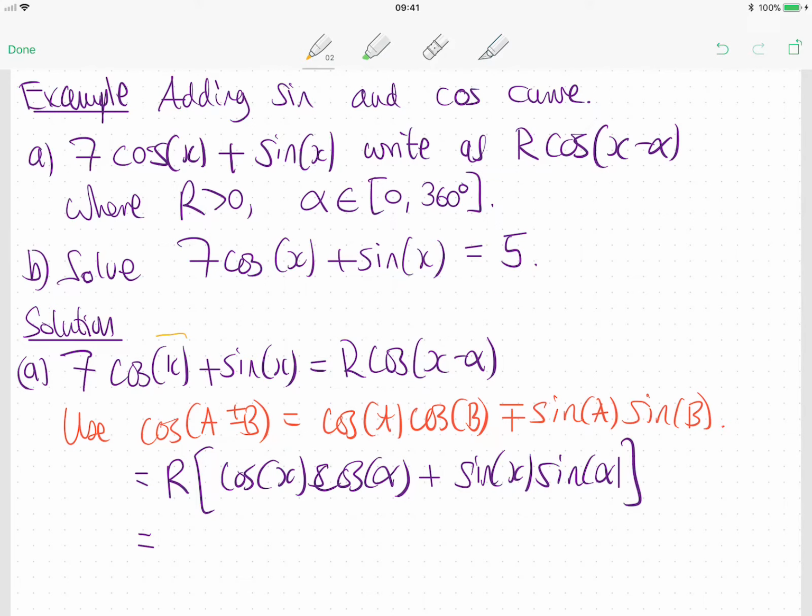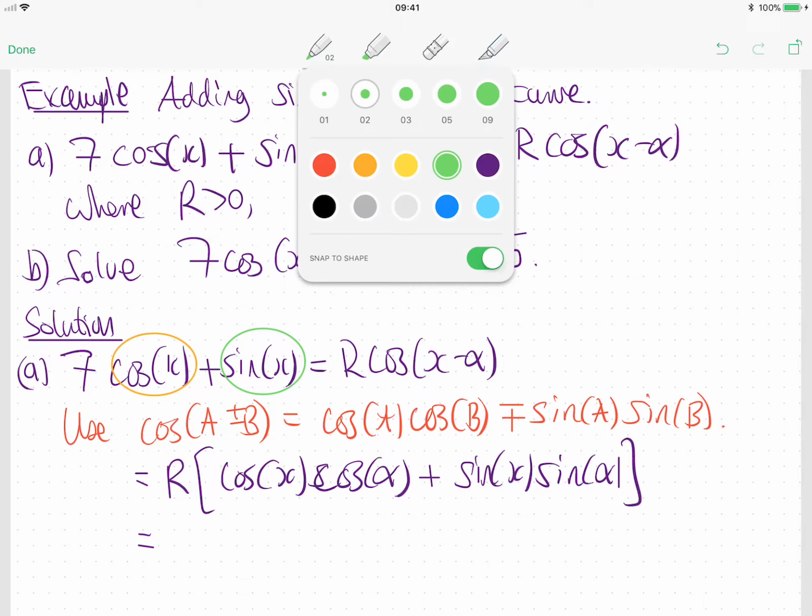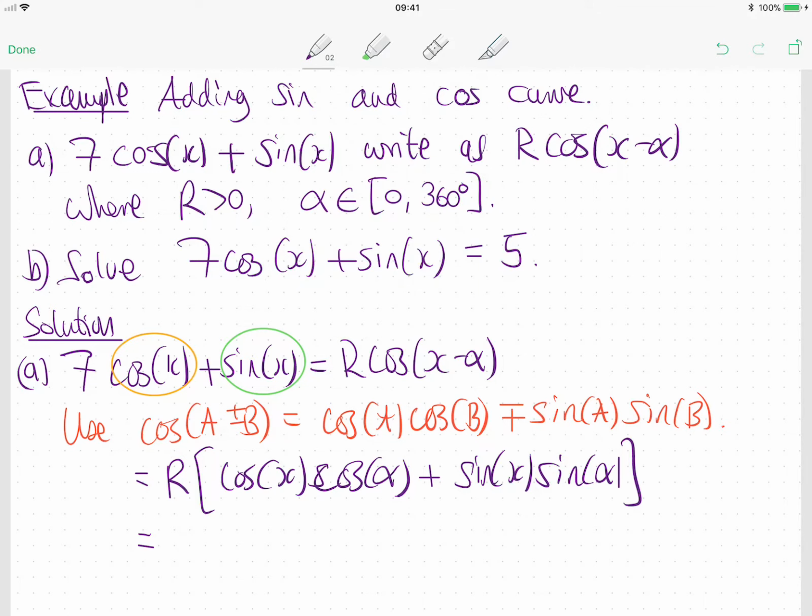On the left hand side, I can see there's a cos and a sine, and there are some numbers in front of them, 7 and 1. So I want to do that on the right hand side. If I write cos x here, then the number in front of that should be r cos alpha.